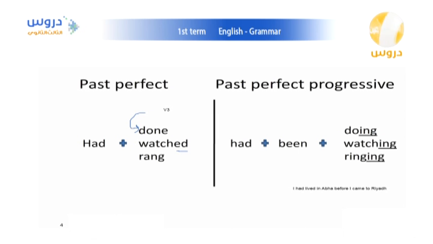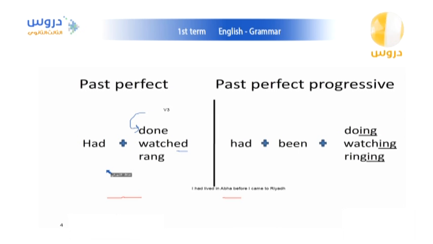So here, this is past perfect, and let me change the color first, and here with the pen. Here had lived, and here another verb, came. I had lived in Abha before I came to Riyadh.